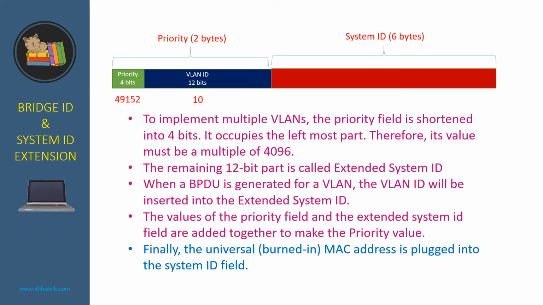In VLAN 10, the priority value is 49162. Finally, the universal burn-in MAC address is plugged into the system ID field. That is how Rapid Spanning Tree Protocol implements multiple VLANs.